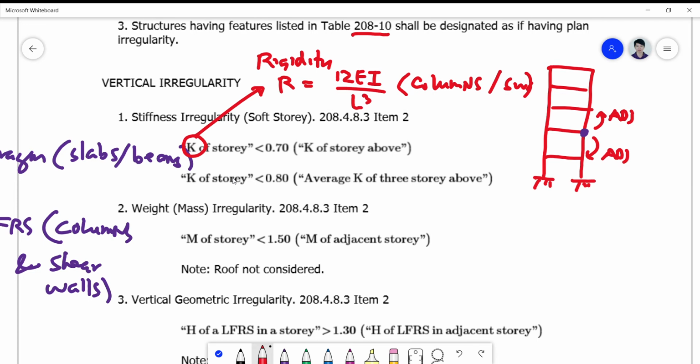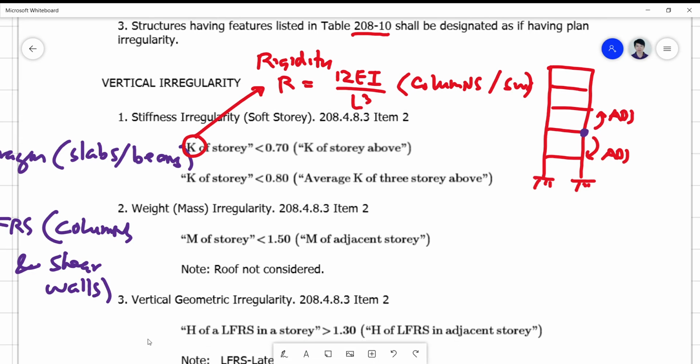So we have to use our judgment in case there are confusions or gray areas existing in the problem to be solved. So soft story or stiffness irregularity are just referring to the rigidity of your columns here. We're talking of the total columns on the story, not individual columns.